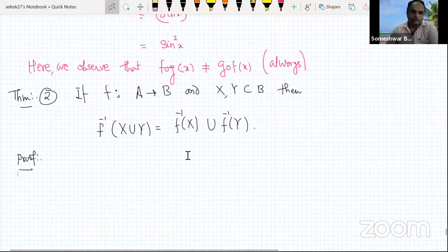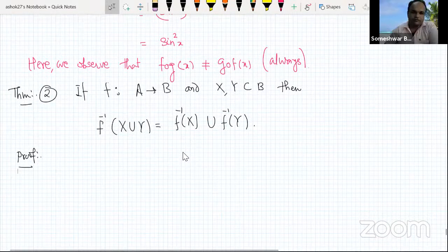To prove this theorem, we have to prove this identity. These two are sets: f inverse of X union Y, and f inverse of X union f inverse of Y. Just yesterday we saw the definition of equality of two sets.